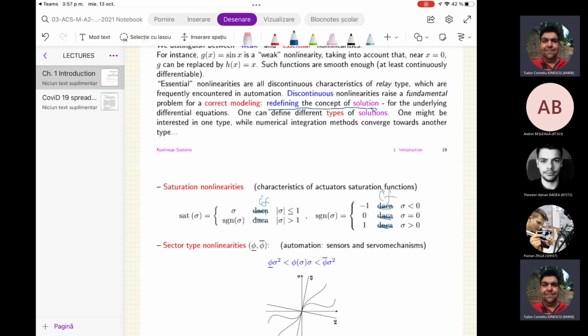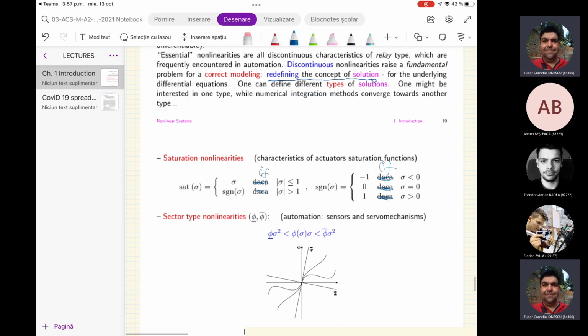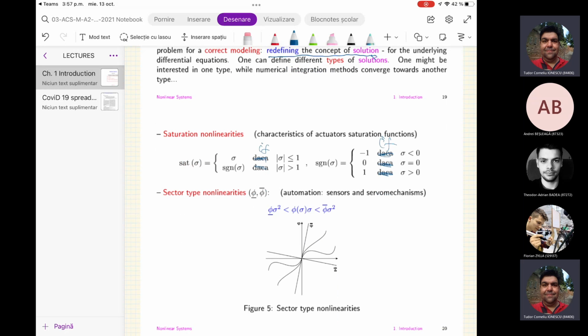And the sign of sigma is a signature definition: it is -1 if sigma is negative, 0 if sigma is nil, and 1 if sigma is positive. This is the sign.